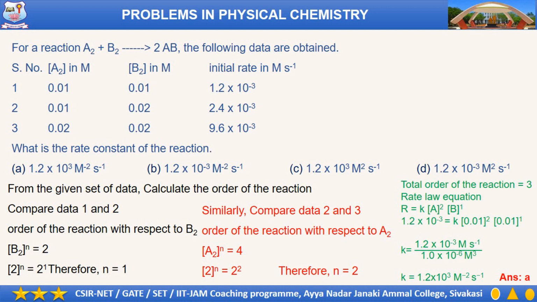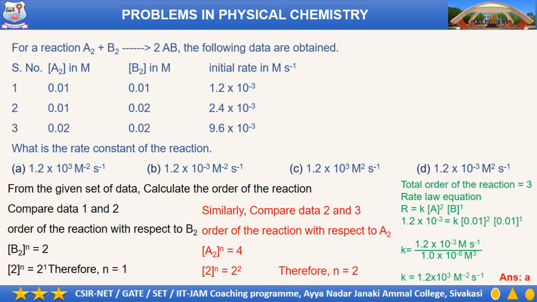First: 0.01 molar, 0.01 molar, 1.2 into 10 power minus 3. Second: 0.01 molar, 0.02 molar, giving 2.4 into 10 power minus 3.